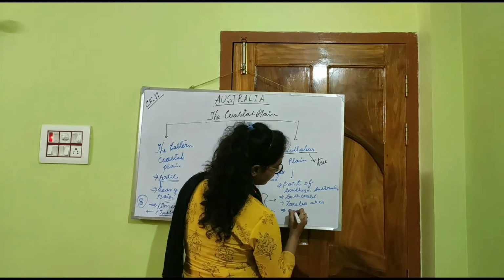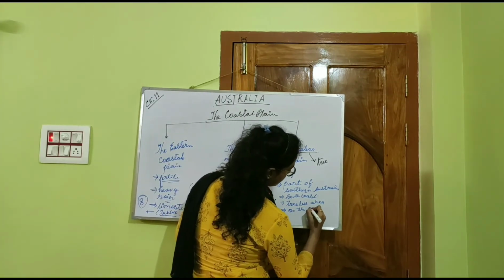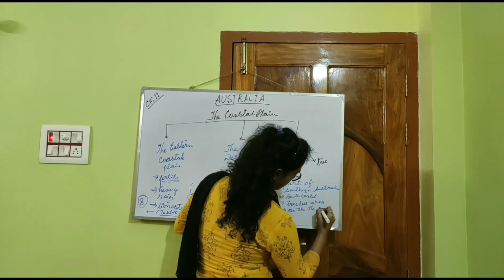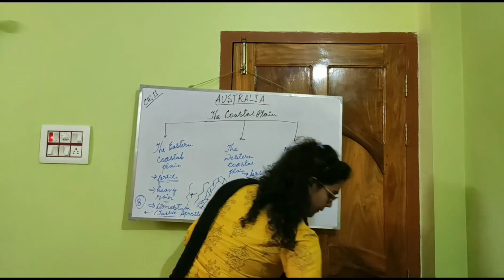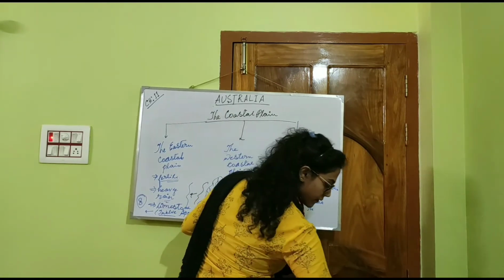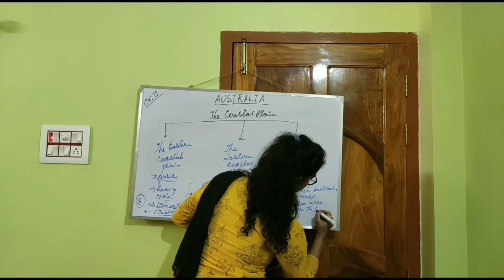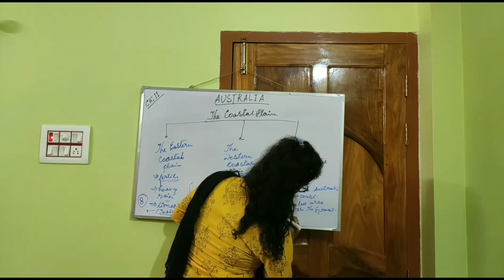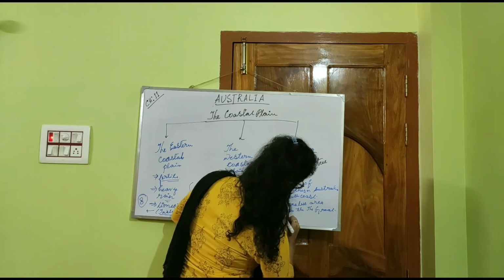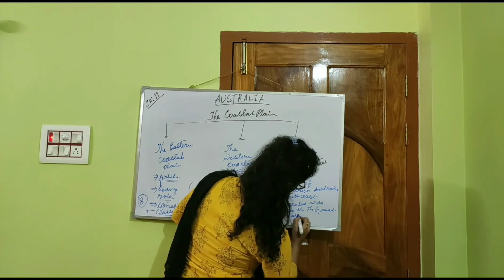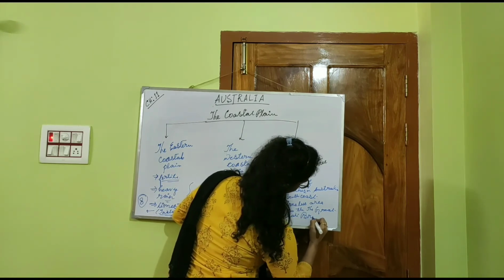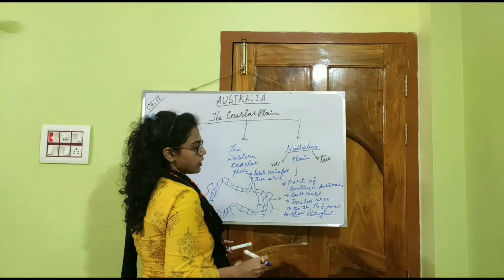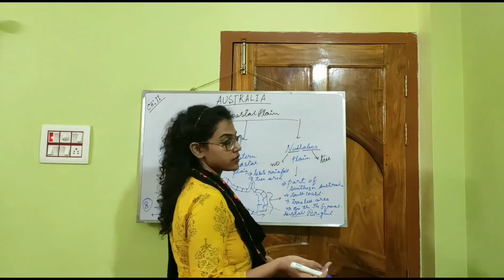The Nullarbor is located on the Great Australian Bight, up to the Victoria Desert.